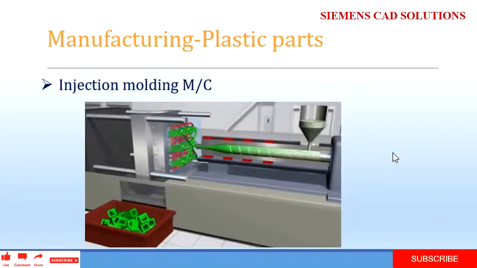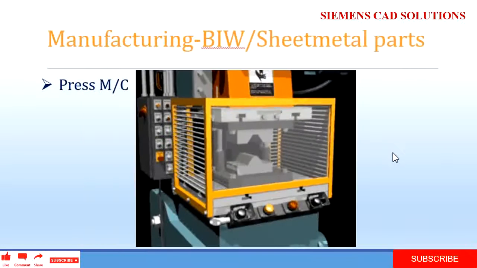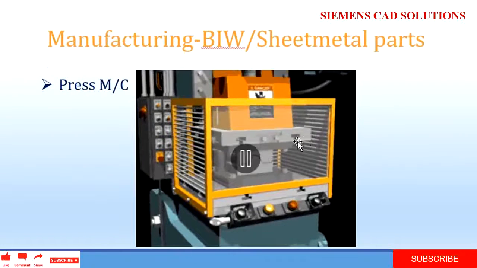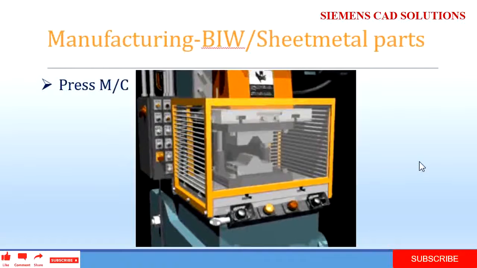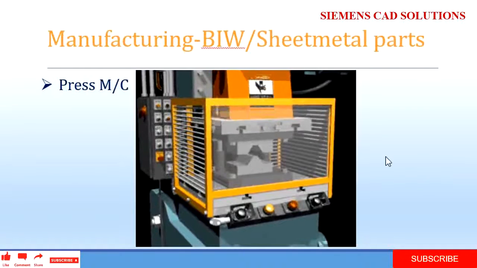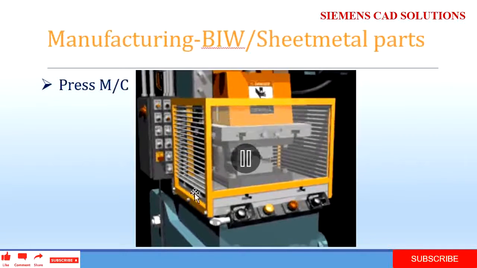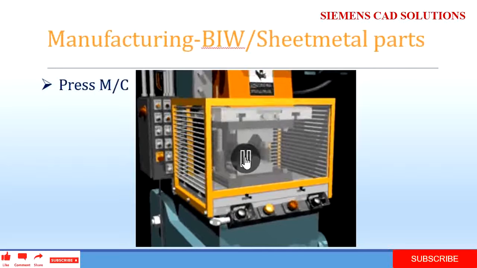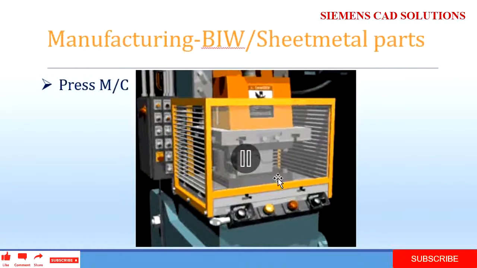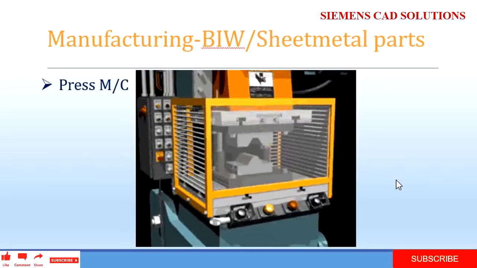This video is showing the press machine process. So for BIW parts, they will have the die and punch. Our part workpiece needs to be at the center. This profile will be created. So this is the major process involved in sheet metal manufacturing.